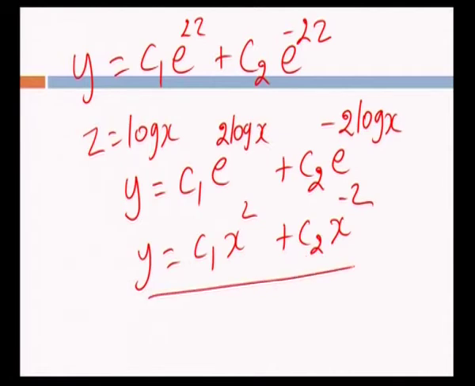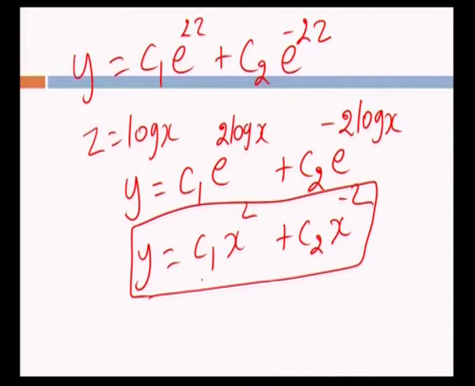So, this is the required solution of the given differential equation, that is the Euler Cauchy homogeneous linear differential equation. Here the method of substitution is adapted and we got the solution as y is equal to c1 x square plus c2 x power minus 2.